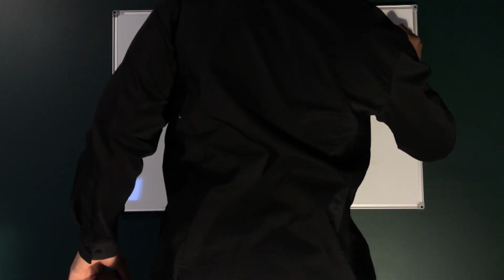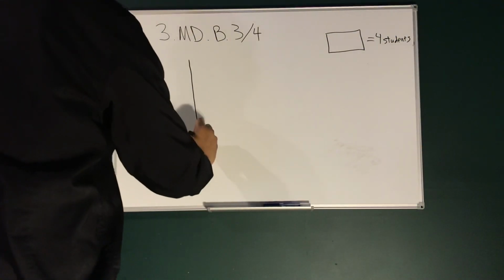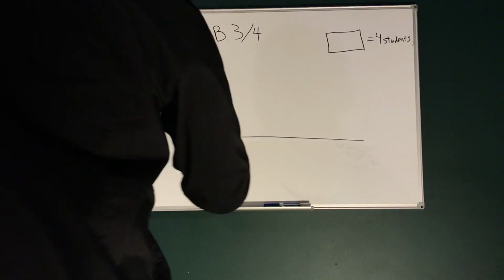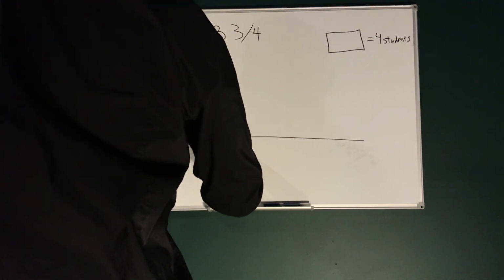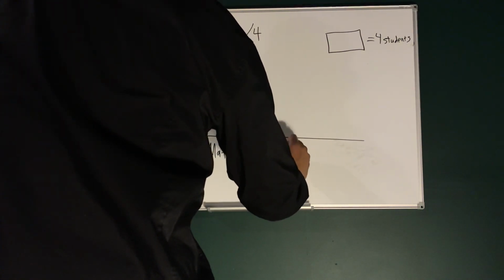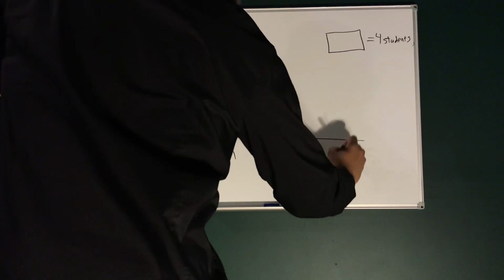4 students. And these students today are picking their favorite classes. So we have the first subject, math. The second subject, let's call it science. And our final subject is health.